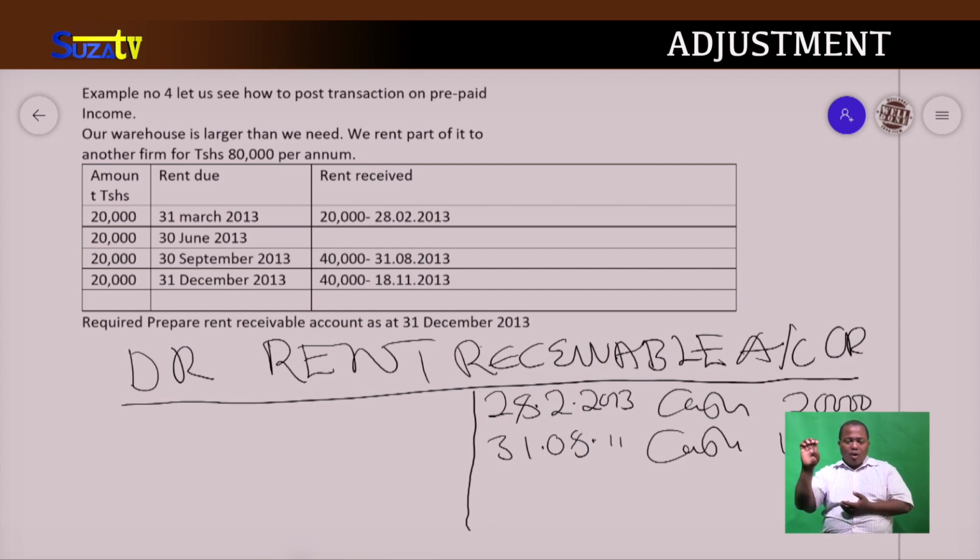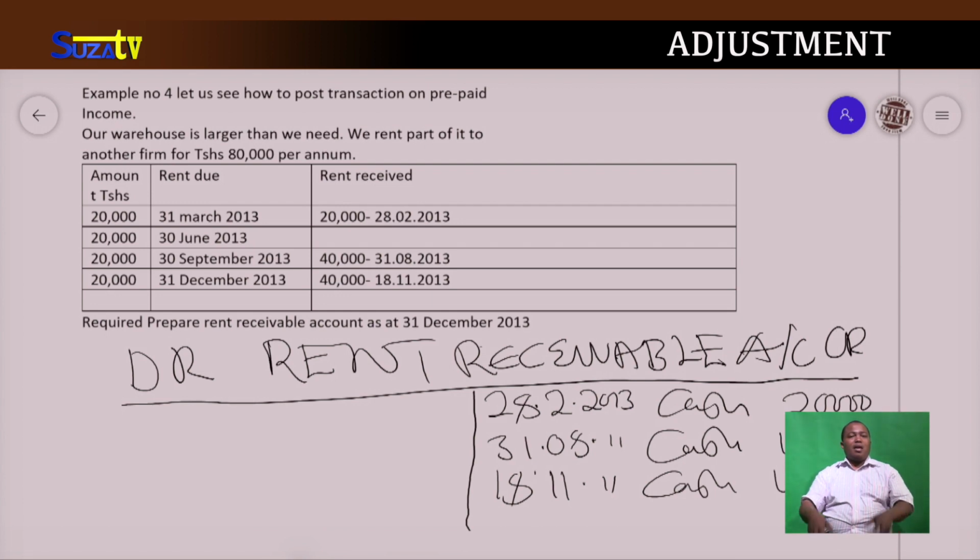And on 18th November 2013, cash, 40,000.